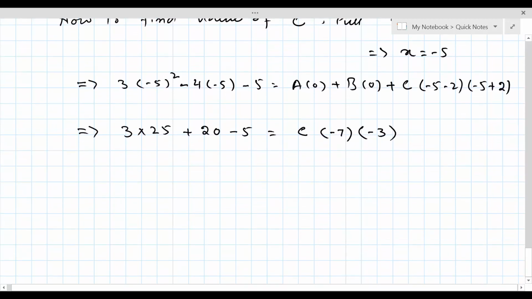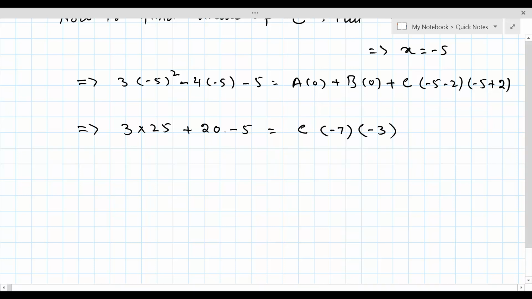So 75, 85, 95 and 90 on the left side. 90 is equal to 21c. So this gives us c equal to 90 over 21.